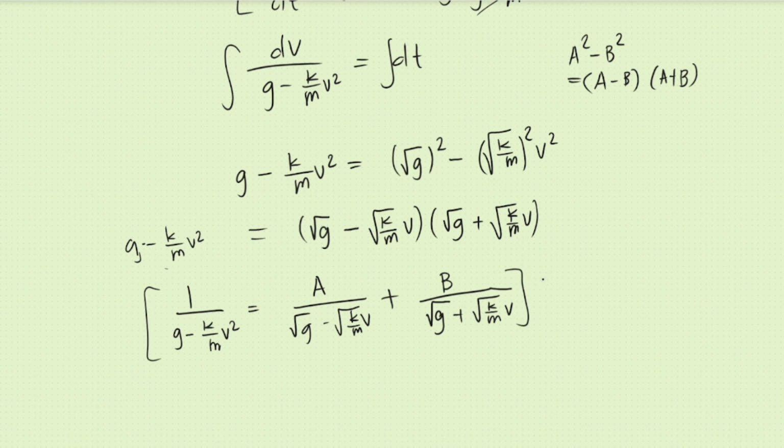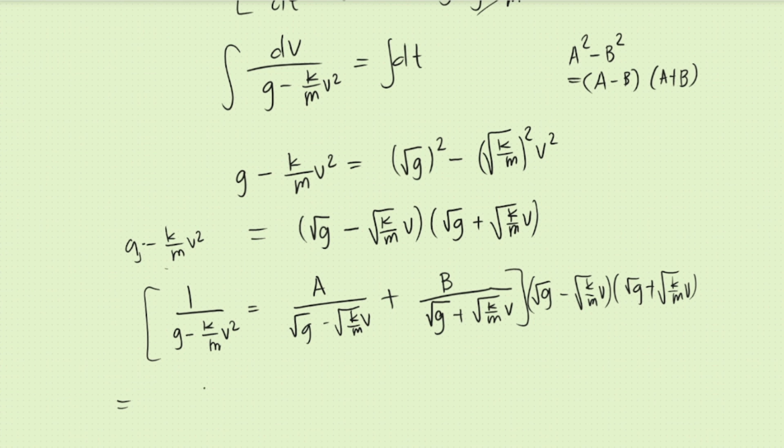So now we multiply both sides of the equation by the factors themselves: square root of g minus square root of k over m v times square root of g plus square root of k over m v. Oh no, I mean this is a plus sign. Don't forget that one. So let's multiply this one to this here.